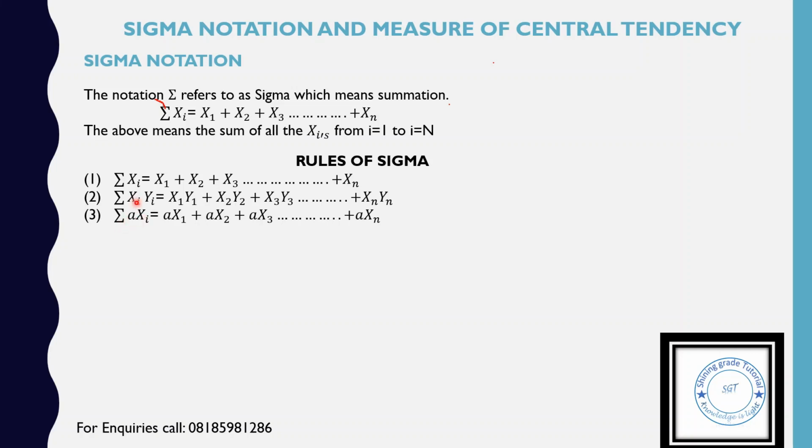That means a is the constant value in the sigma, so we can simply factorize it out and use it to multiply all of the values of x. x will range from x1, x2, and each value of x carries the constant a, so you can factorize it out and simply sum.